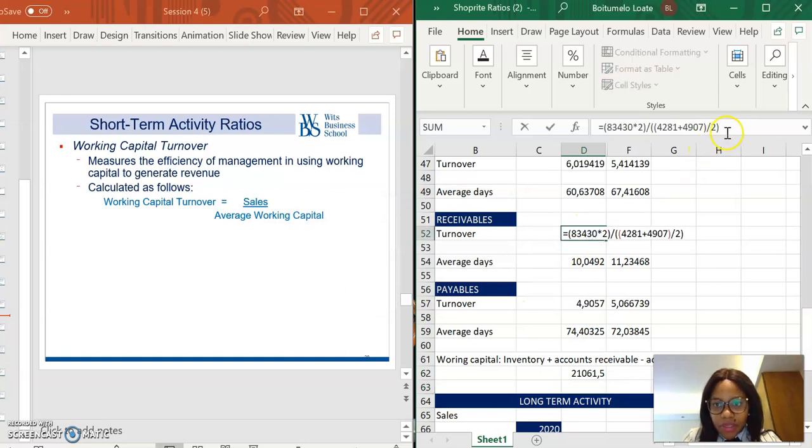I now take my receivables denominator balance, also divided by 2, and add it to my inventory balance, plus my accounts receivable. I've just added the two average balances together. Lastly, I can subtract my payables balance, just copying the denominator again.